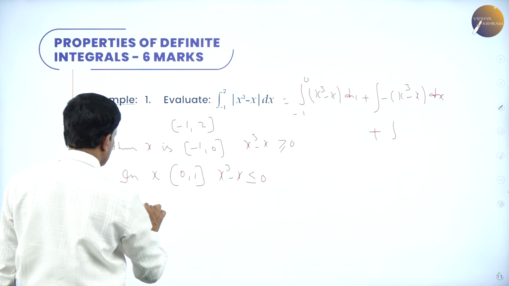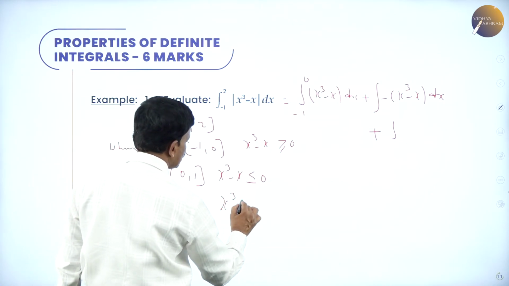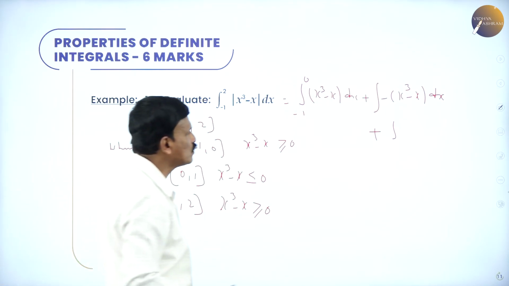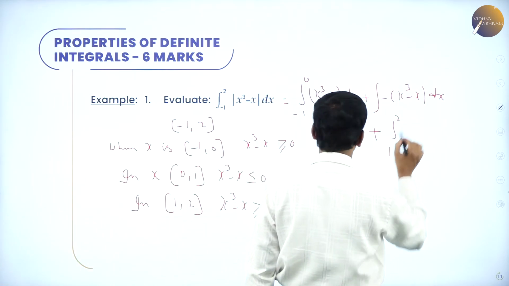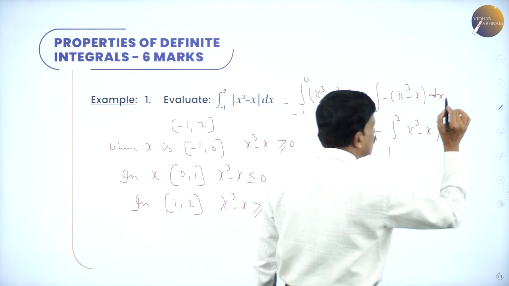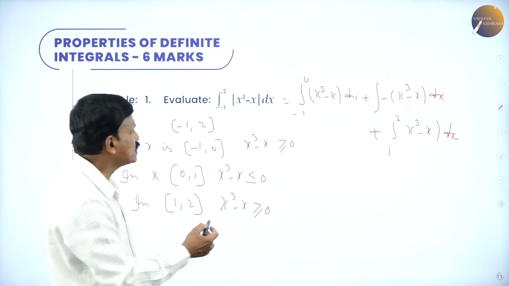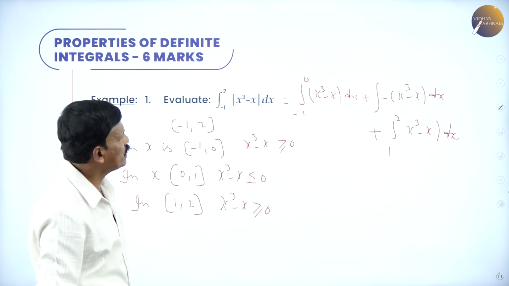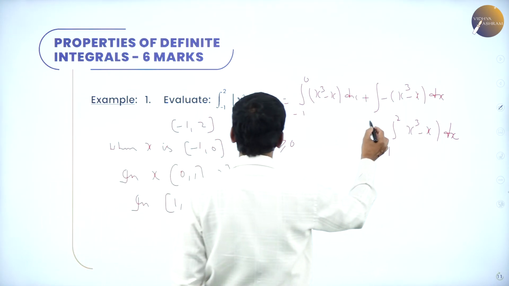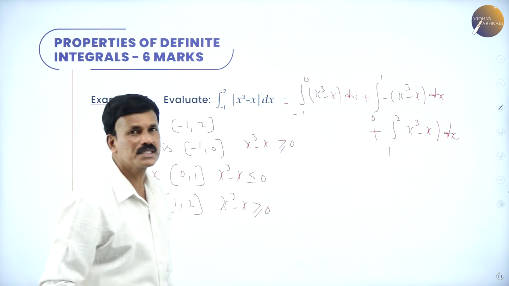In the interval 1 comma 2, x cube minus x is again greater than or equal to 0. Therefore, this can be written as the integral from 1 to 2 of x cube minus x dx. That's it. Evaluate this. So, the split of integrals is minus 1 to 0 of x cube minus x dx, plus minus of x cube minus x dx between the limits 0 to 1, and again 1 to 2 of x cube minus x dx.